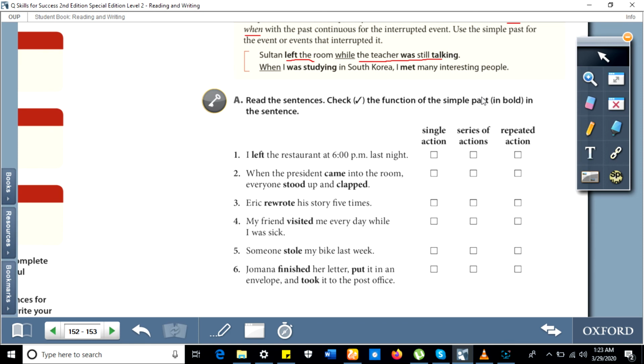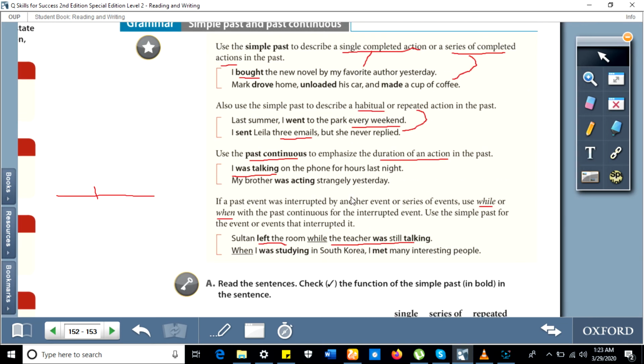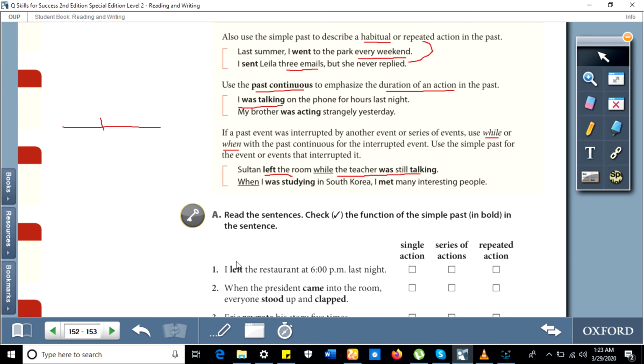Next step here is you need to check the function of the simple past in bold in the sentence. Okay. So, I left the restaurant at 6 p.m. last night. You have to find out if it's a single action, series of actions, or repeated action, right? So you can easily go back here and find out, for example, the first one I do for you: I left the restaurant at 6 p.m. last night.